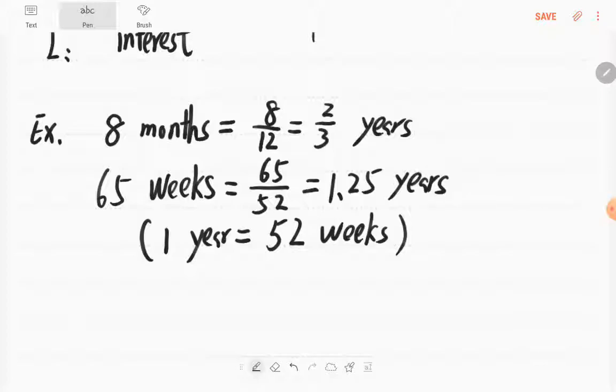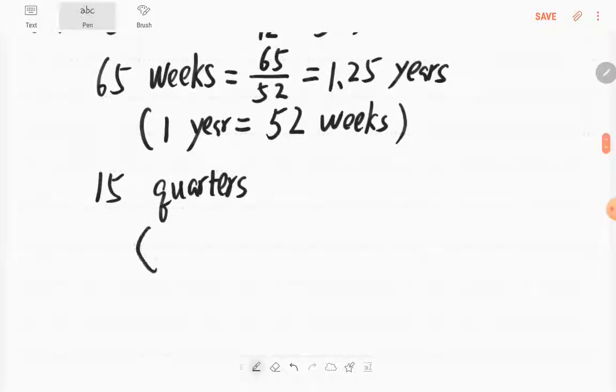What about 15 quarters? We know that each year has 4 quarters.